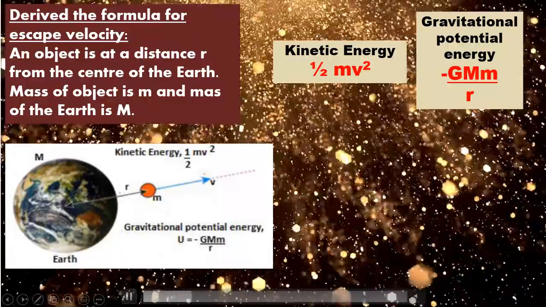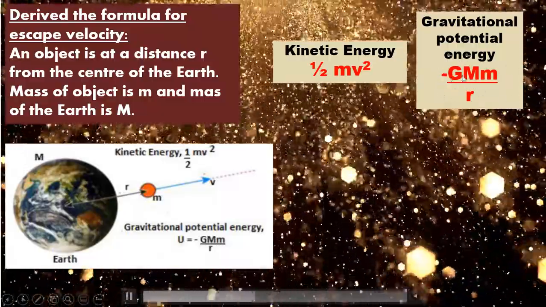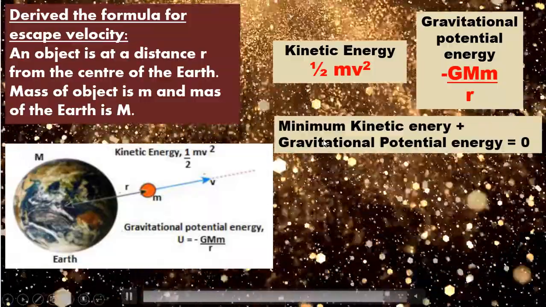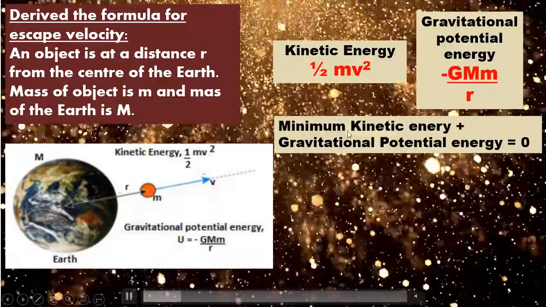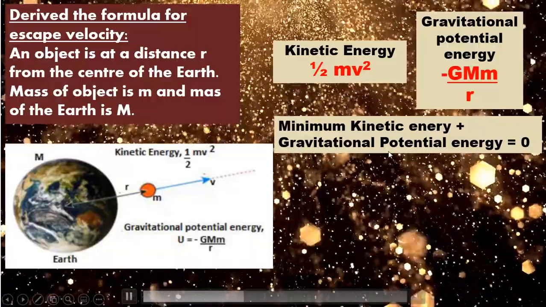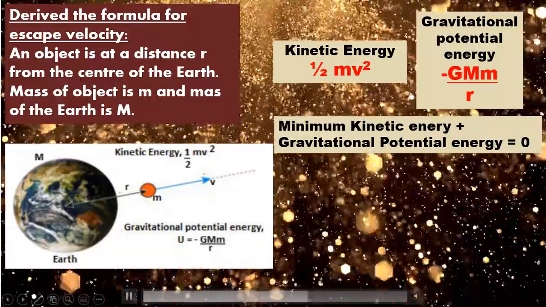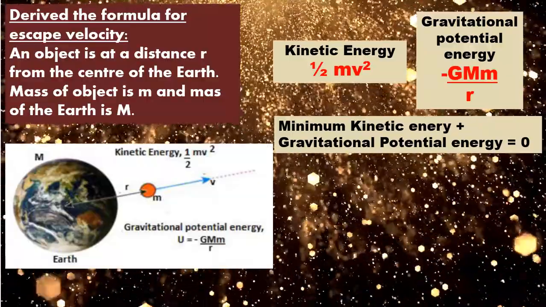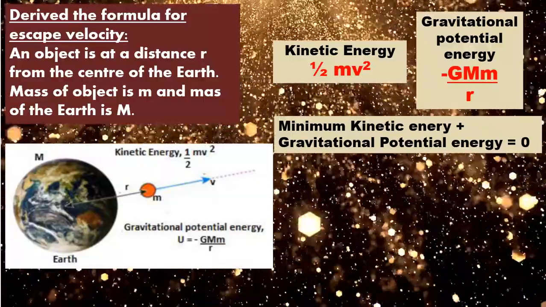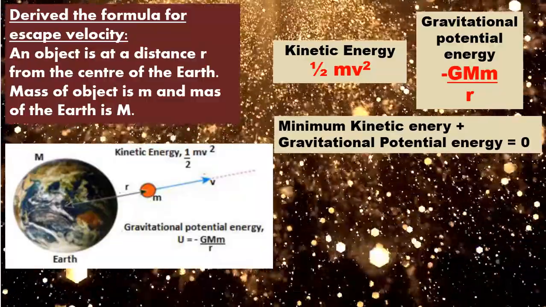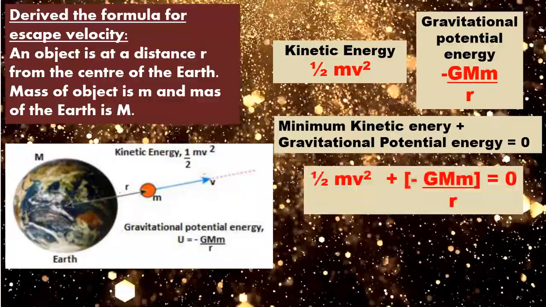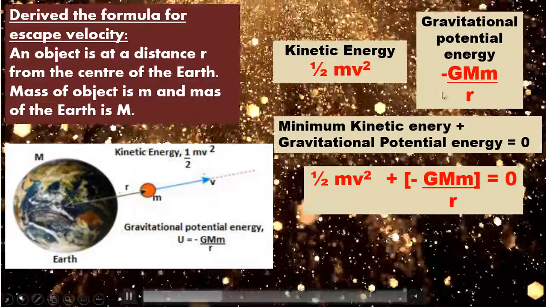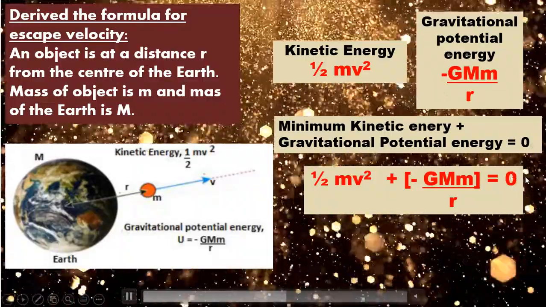From conservation of energy, minimum kinetic energy plus gravitational potential energy equals 0. So we have half mv squared minus GMm over r equals 0.